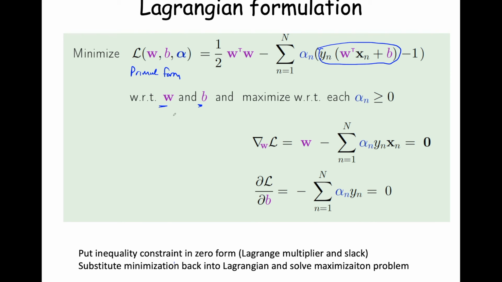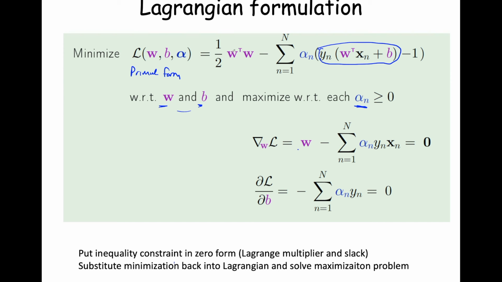Then once we get the solution from minimizing with respect to W and B, we're going to substitute those results back into the primal form, get a new formulation that we're going to maximize with respect to our Lagrange variables, our alpha n's. When we take the gradient with respect to W for this primal form, we get W, because this is like saying W squared, there's a 2, so that 1/2 goes away.